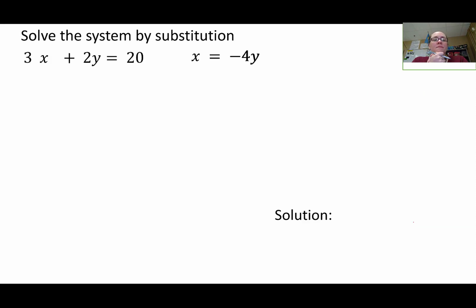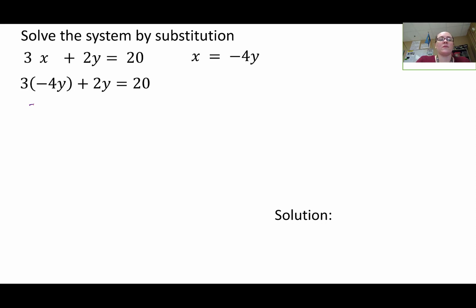All right, we're going to do another one. I've got 3x plus 2y equals 20 and x equals negative 4y. Notice this is different than our others because it's x equals, not y equals. So instead of replacing y, I'm replacing the x, giving me 3 times negative 4y plus 2y equals 20.